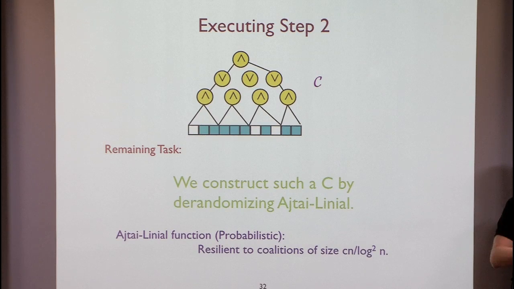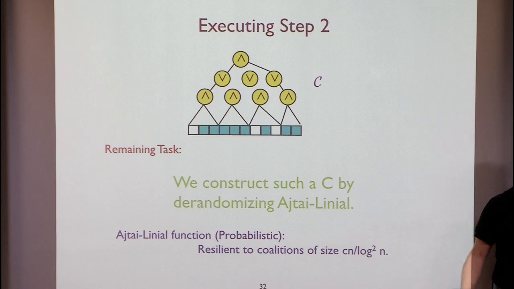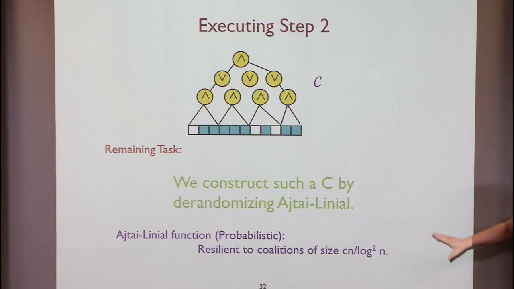If an adversary is smaller than square root n, it doesn't have much control, but if it's bigger than square root of n, it almost controls majority. What this is saying is it's a much better function than majority. Even if an adversary controls less than n over log squared n bits, it still will only have small influence over the resulting function. So it's a strong result.